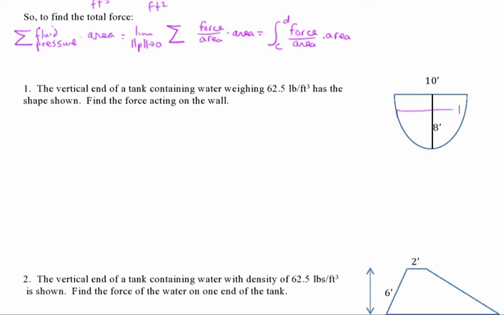We'll say, here's our strip. This will be delta y. We're going to need to have an xy axis. We'll put it here. And so this bottom point will be at -8, and the top will be at 0.